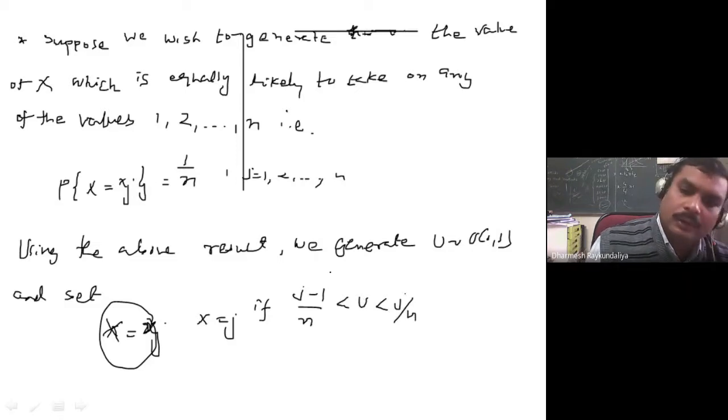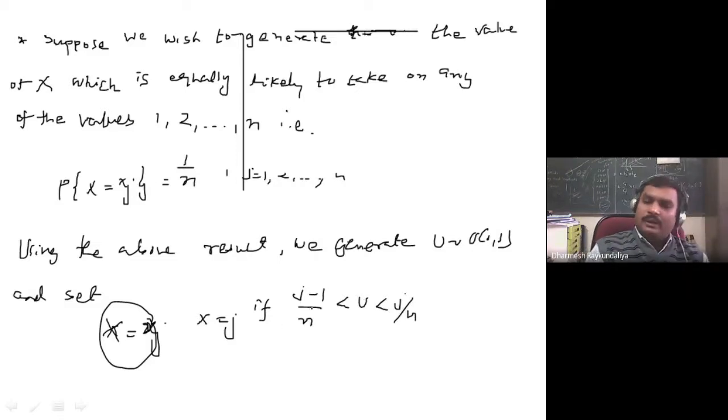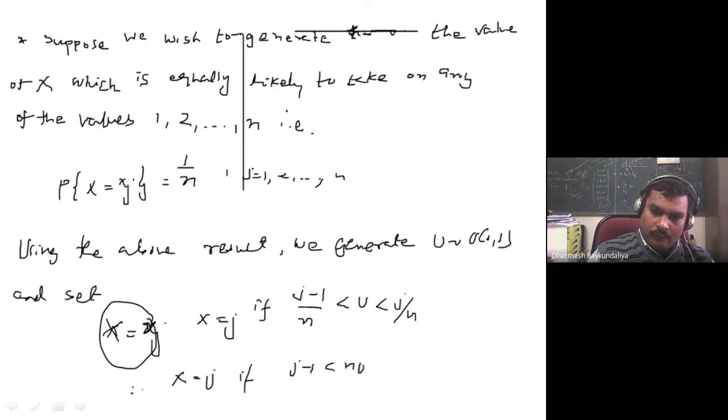This is the cumulative probability up to j minus 1, and this is the cumulative probability up to j. Therefore x takes value j. If you multiply by n on all sides, you get j minus 1 less than nu less than j.